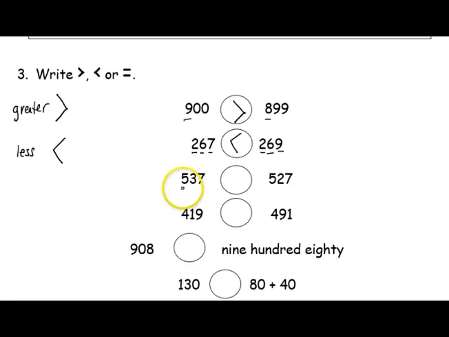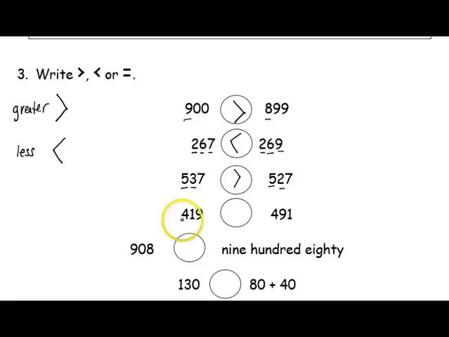In the next problem, I have 537. I'm comparing it to 527. They both have 5 groups of 100. 537 has 3 tens compared to 2 tens in 527. So 537 is greater than 527.